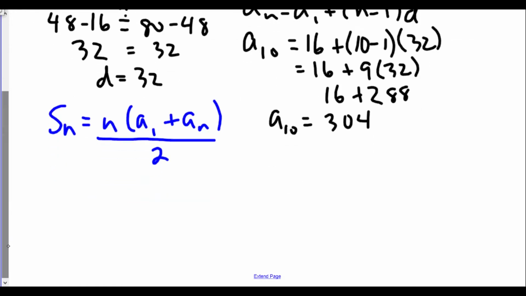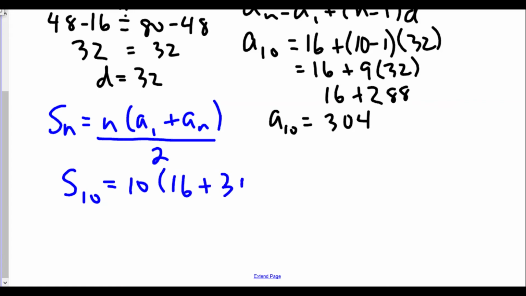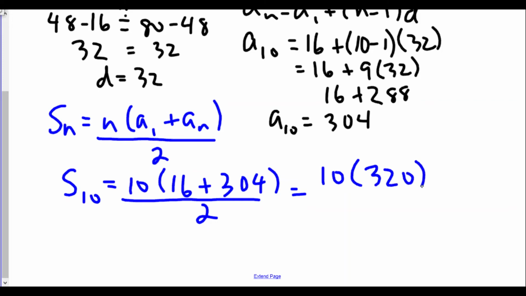So our sum after 10 seconds: n is 10, our first distance is 16, our distance in the 10th second is 304, and we divide all by 2. 304 plus 16 is 320, so we get 10 times 320 all over 2. I'm going to divide the 2 into 320. I like the 10 because it just adds a 0 at the end. So 320 divided by 2 is 160, and 160 times 10 is equal to 1,600.